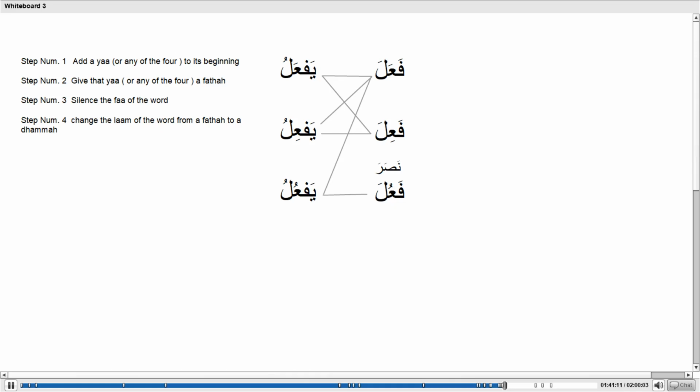No. Does it sound like fa'ila? No. Does it sound like fa'ala, nasara, fa'ala? Yes. Okay? Now, nasara is on the scale of fa'ala. Now, fa'ala has how many combinations? 3.